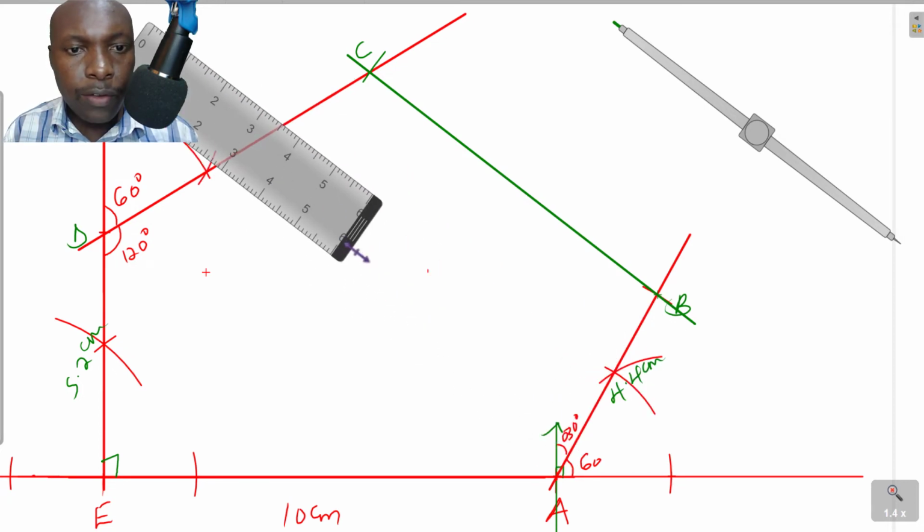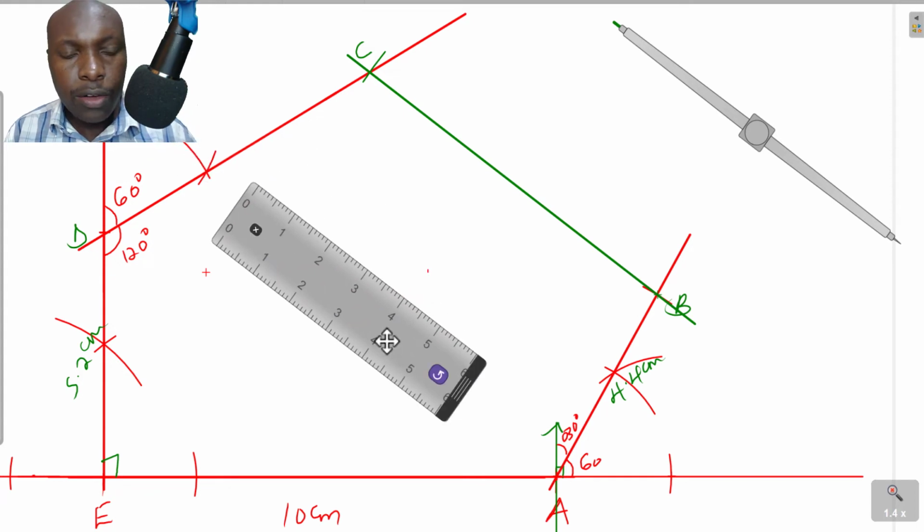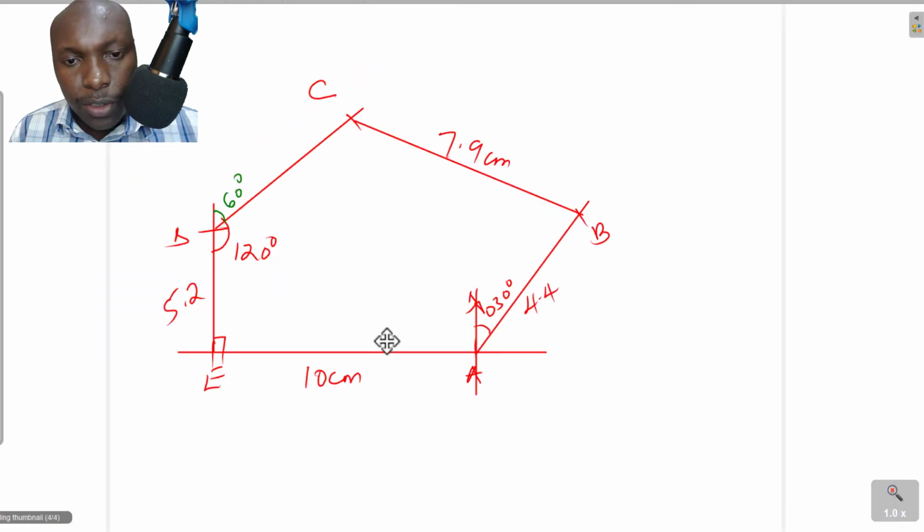So now we have the required polygon. All the vertices are given: A, E, D, C, and B. Now let's answer the questions.